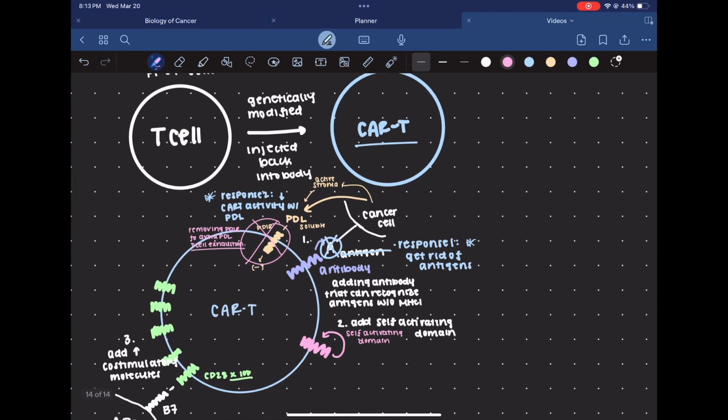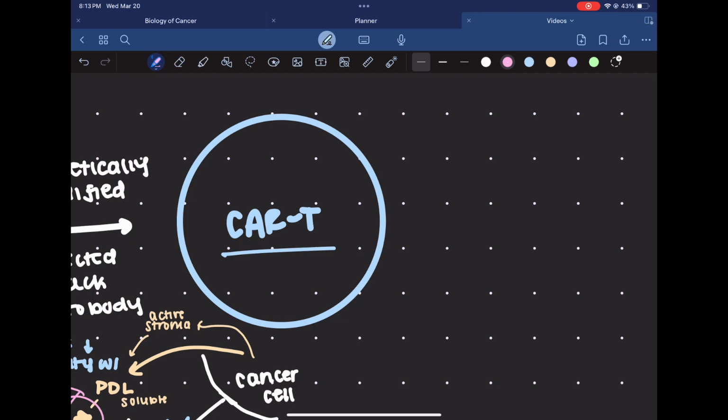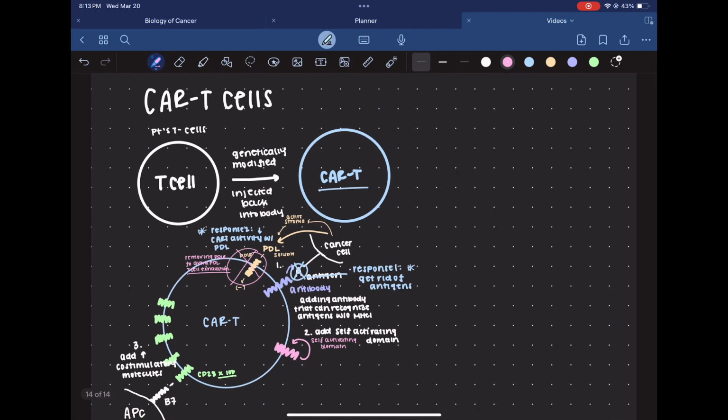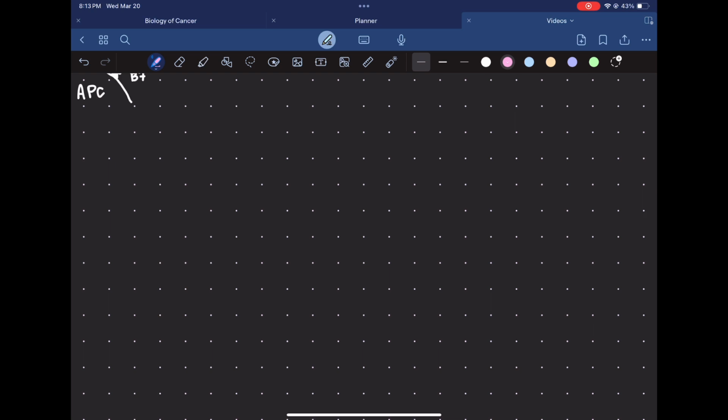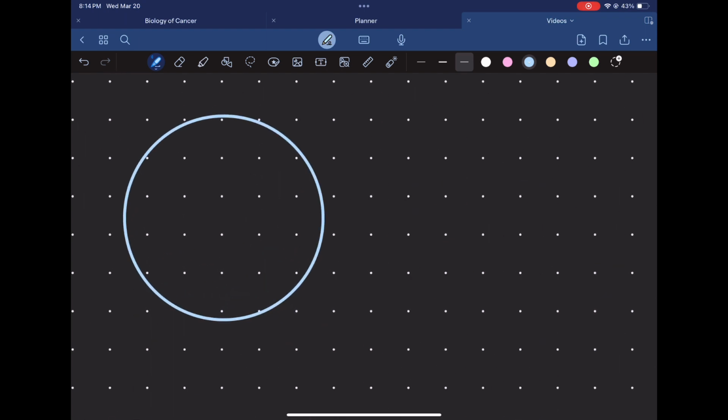And there are, I guess you could say, fourth and fifth generation CAR T cells. There's been multiple generations of them. What's laid out so far is the first couple generations. For our fourth generation, we've kind of made some modifications. I can actually draw them down here to just separate it out entirely. So our fourth generation of CAR T cells is called TRUCK. This is our fourth gen CAR T cells.